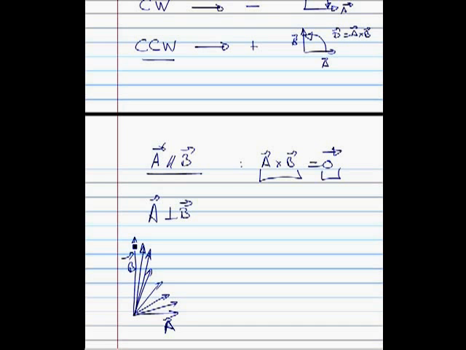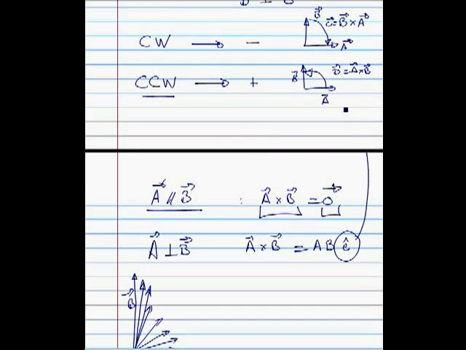So when you end up taking the sine of 90, you end up with its maximum value, which is 1, and therefore A cross B will give you magnitude of A times magnitude of B times sine of 90, which is 1, which you will need to multiply by, again, the unit vector, whose direction must be perpendicular to the vector of A and the vector of B. The sign of that unit vector, again, is given by this convention: counterclockwise positive, clockwise negative.